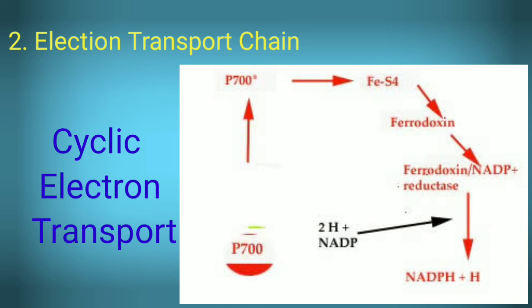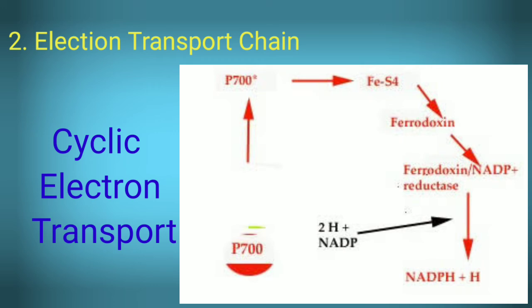Photo means in the presence of light, when a phosphate molecule is added to the ADP molecule, that is called photophosphorylation. So there are two names: one is the cyclic electron transport chain or cyclic photophosphorylation, and the other is called non-cyclic photophosphorylation.